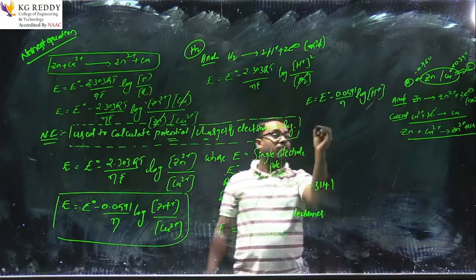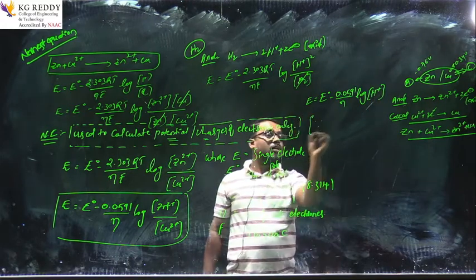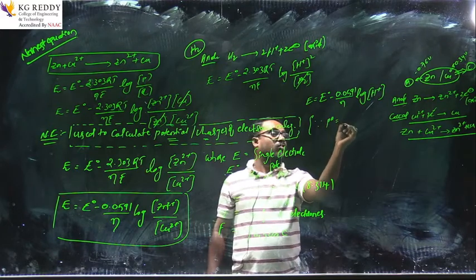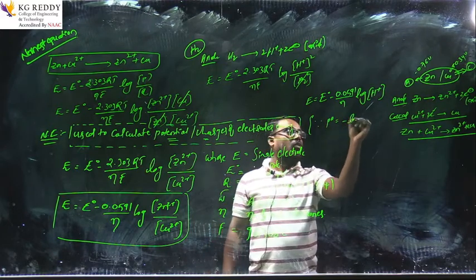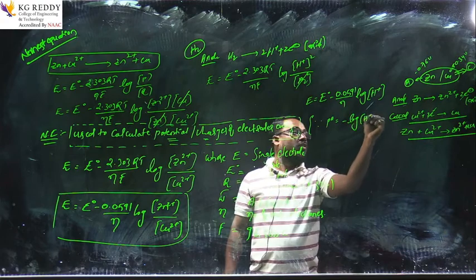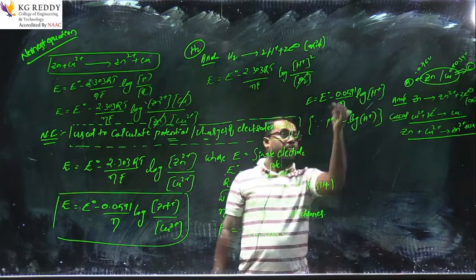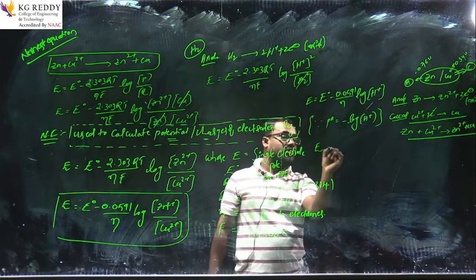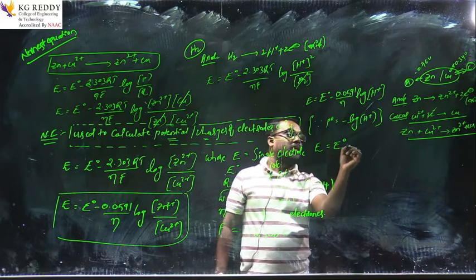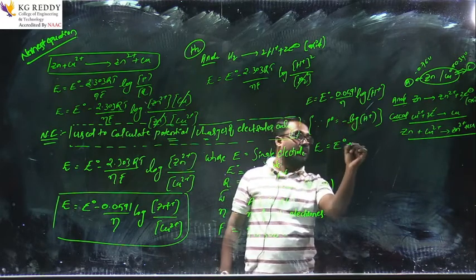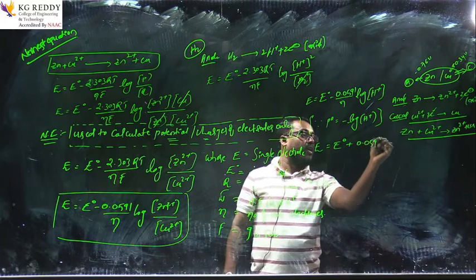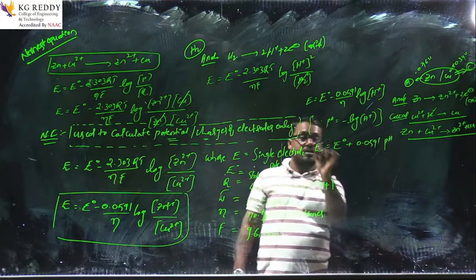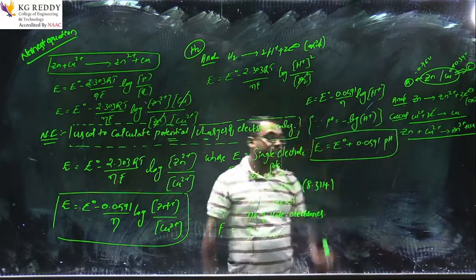Since pH is the negative logarithm of concentration of H+, substitute this. So the above equation will become E naught, minus into minus becomes plus, 0.0591 pH. This is another equation.